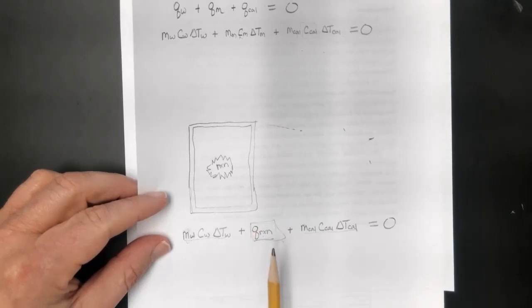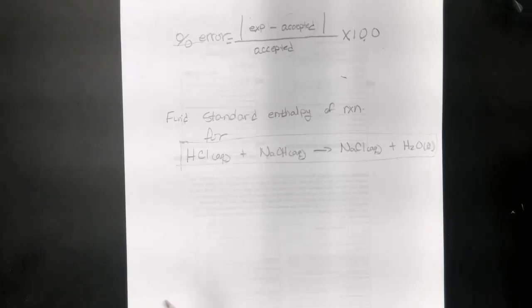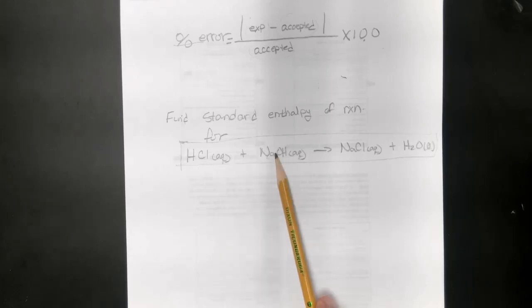Now, there's a bit of a catch. This thing that you find in your textbook is based on 1 mole of hydrochloric acid solution reacting with 1 mole of sodium hydroxide solution to produce 1 mole of sodium chloride aqueous and 1 mole of water.